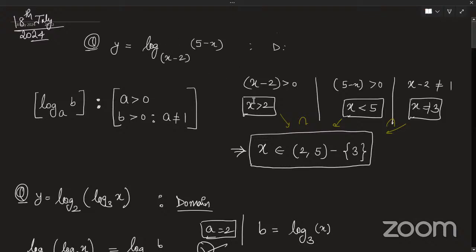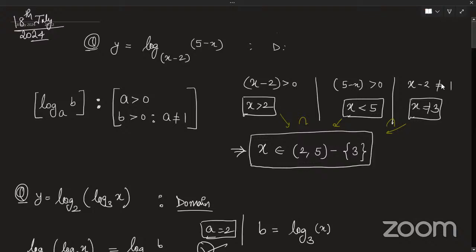Okay, so just look at this thing, log a b. The base has to be greater than 0, the input b has to be greater than 0, and the base can't be equal to 1. So x minus 2 has to be greater than 0, so x is greater than 2. 5 minus x has to be greater than 0, so x is less than 5.